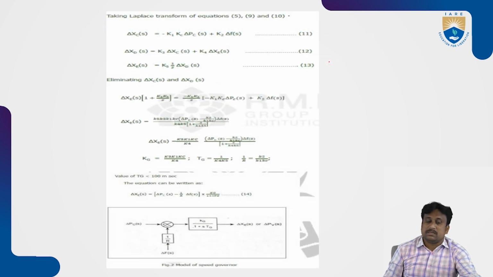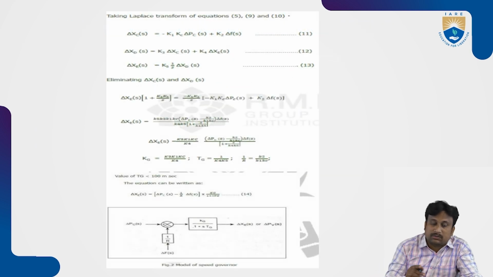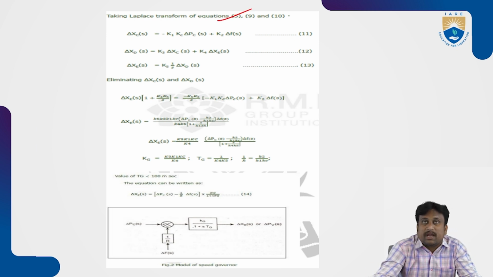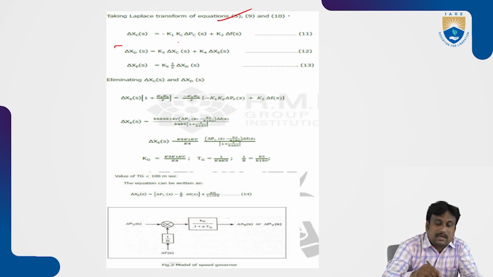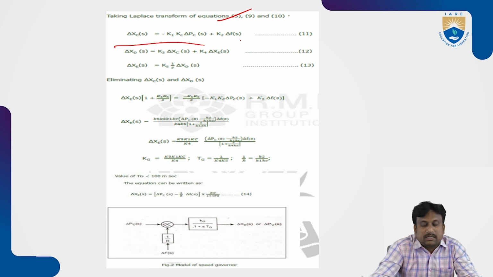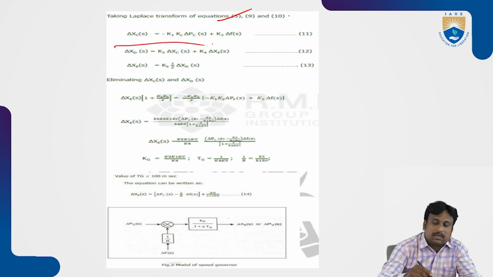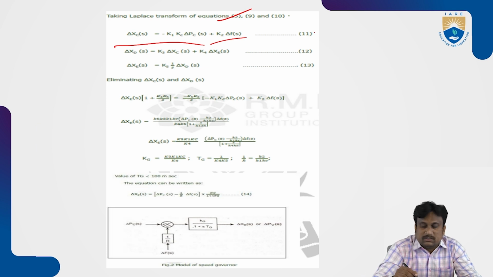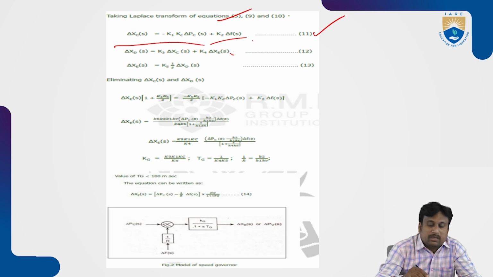This is going to be considered, and taking the Laplace transformation of the respective equations 5, 9 and 10, then delta xc of s equals to K1 Kc delta Pc of s plus K2 delta f of s. This is equation 11. Now delta xd of s equals K3 delta xc of s plus K4 delta xe of s, which is equation 12.